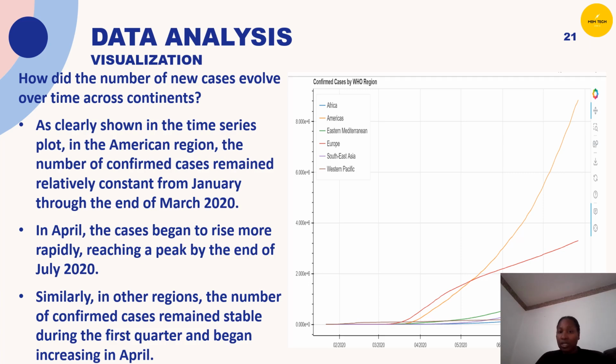As clearly shown in the time series plot, in the Americas region, the number of confirmed cases remained relatively constant from January through the end of March 2020, and in April the cases began to rise more rapidly, reaching a peak by the end of July. Similarly, in other regions, the number of confirmed cases remained stable during the first quarter and then began increasing in April, same as the Americas region.